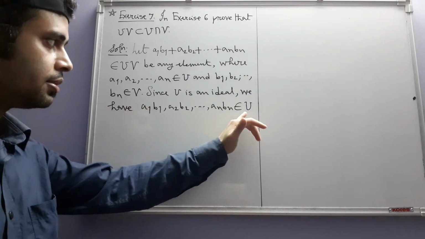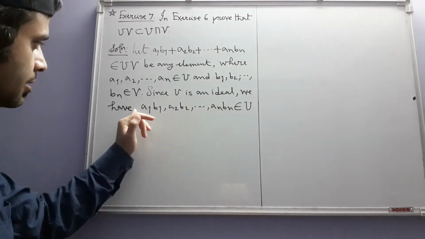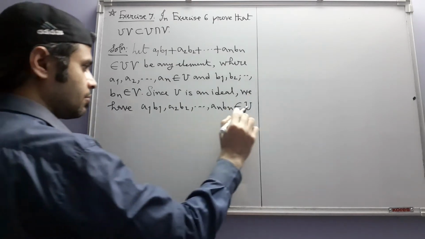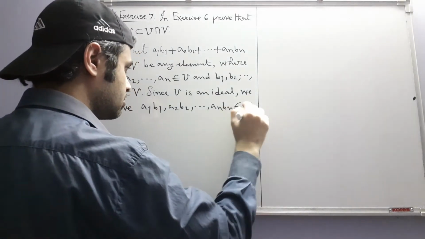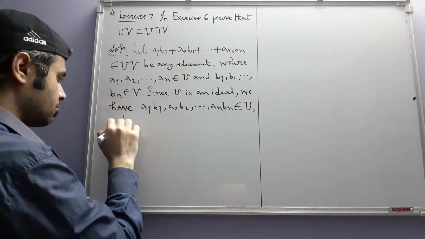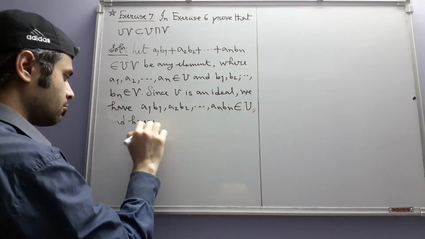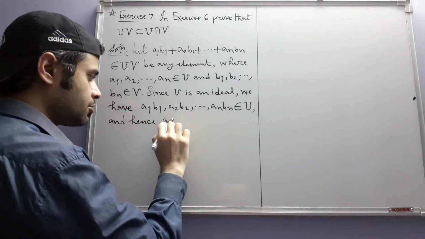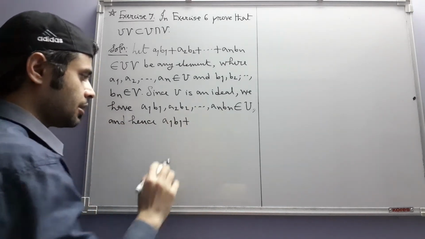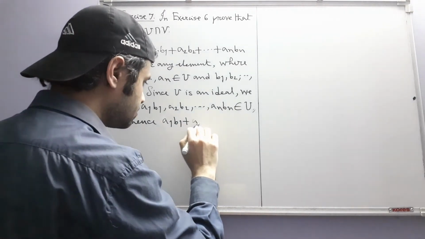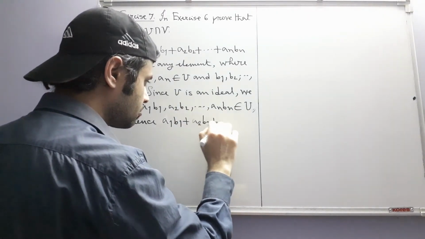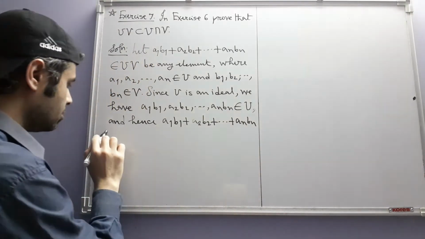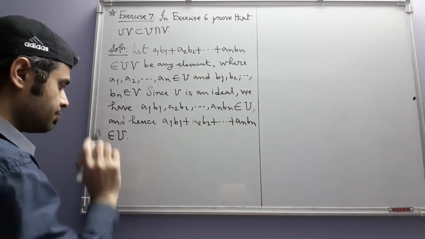So the fact that U is an ideal tells us that these products will all belong to U. And hence their sum also belongs to U, because U is an additive subgroup.